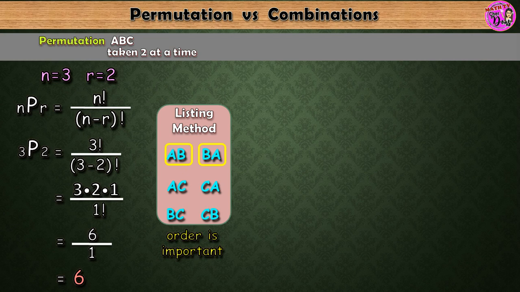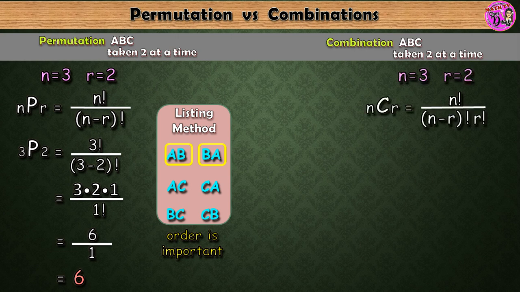Now, let's take a look at combination of the same letters A, B, C taken two at a time. N is 3, R is 2. Our formula, combination of n objects taken r at a time is equal to n factorial over quantity n minus r factorial times r factorial.